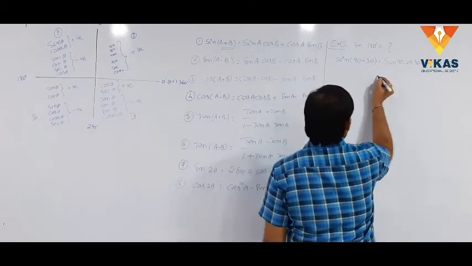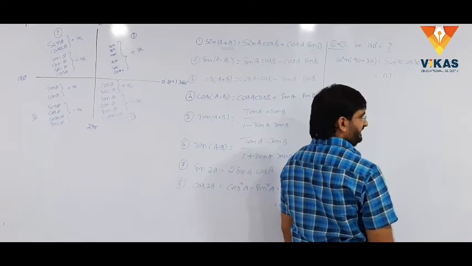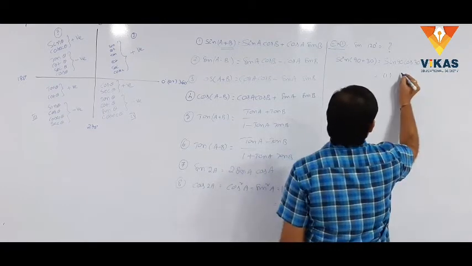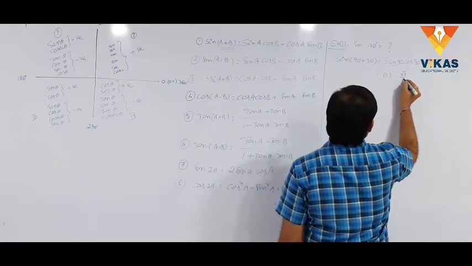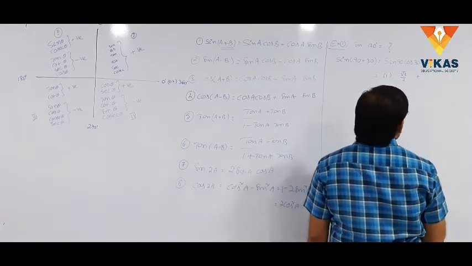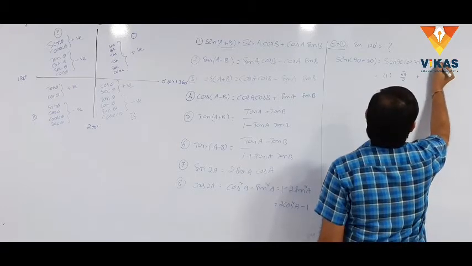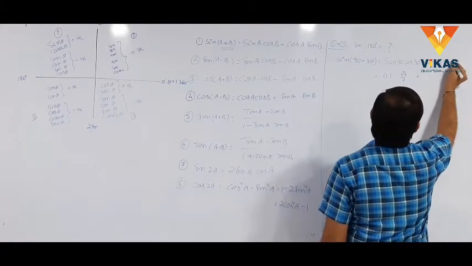What is the value of sin 90? It is 1. What is the value of cos 30? Cos 30 is root 3 by 2.